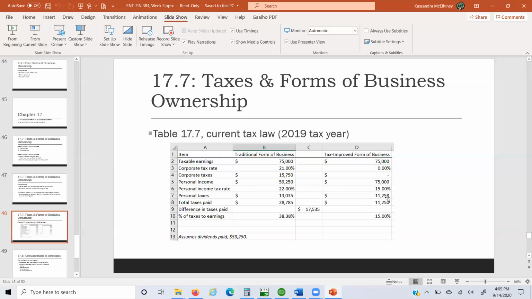The personal taxes are going to be the only thing paid and not corporate income taxes. So you're going to be saving at least $15,750 in total income taxes. So in this instance, S corporation is the way to go. Not necessarily always the case. There are some instances where you have more than 100 shareholders where that just cannot happen. You can't have an S corporation because you don't meet the requirements.